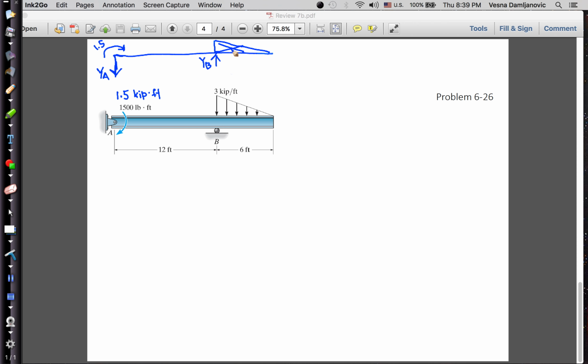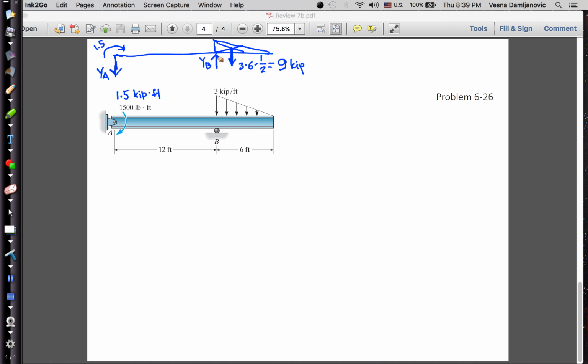And we all know that it's really going to be at one third of this, right? Which is the force here. The amount is 3 kips per foot times 6 feet, and then half of that because it's a triangle. And that's equal to what? 18 divided by 2 is 9. So that's 9 kips is this force, okay?